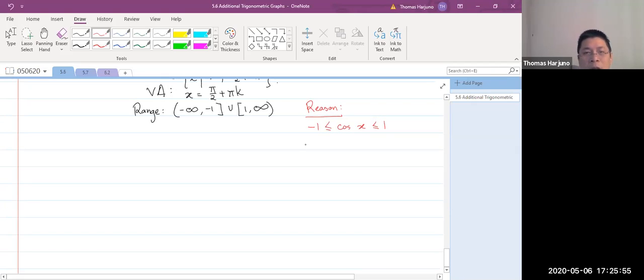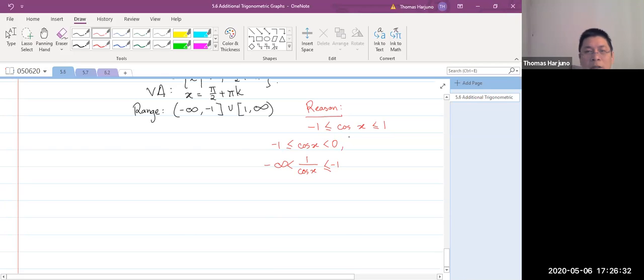If the cosine is negative, then the reciprocal will also be negative, but the reciprocal of negative 1 is negative 1, and as cosine approaches 0, the reciprocal goes to negative infinity.